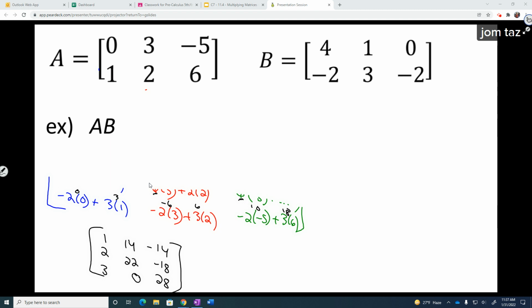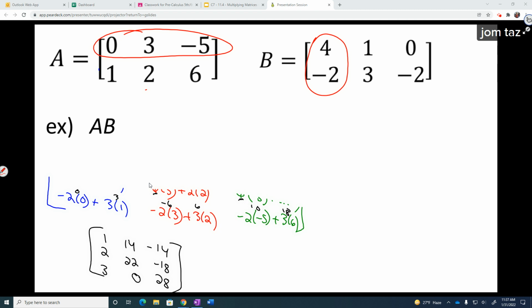Before you do any work, what you want to check, and maybe we'll just switch them around and try it. If you do your dimensions here, and you can start to look even maybe without writing the dimensions. If you think about what your first row times column is going to be, it's going to be this row times this column. Well, this has 3 numbers in this row, and this one only has 2 in this column.